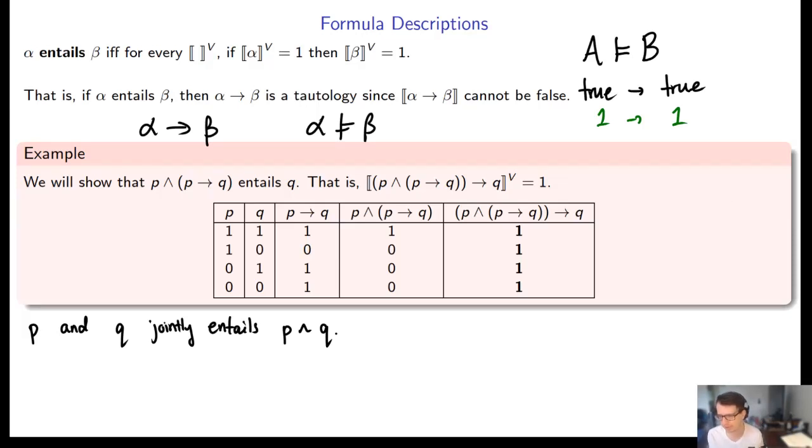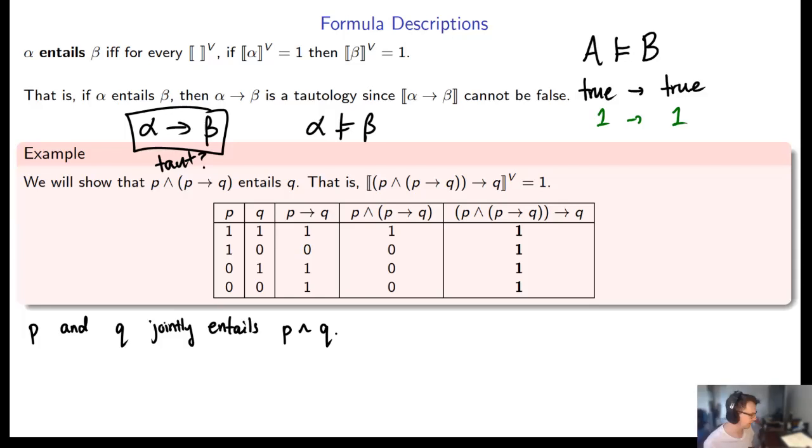To check for entailment, we just have to ask ourselves, is alpha arrow beta a tautology? In other words, if alpha is true, then does beta have to be true? In terms of a truth table, we're just setting up a truth table such that in the end, we have alpha arrow beta, and we just need to check to see if all of those rows are one in the end.